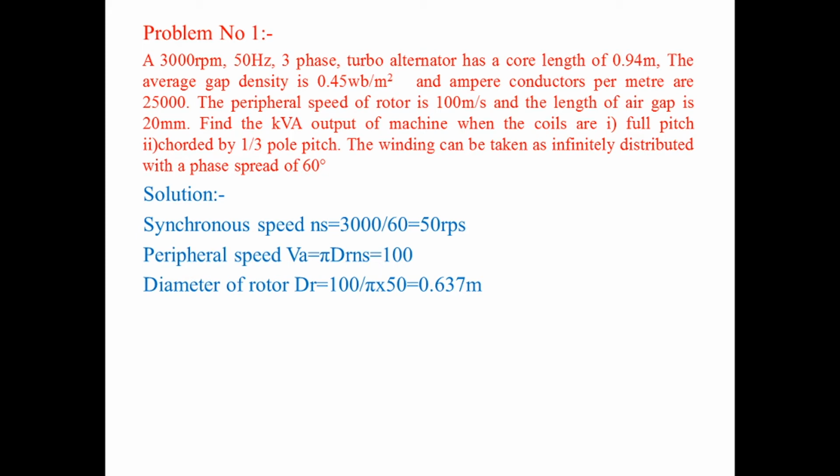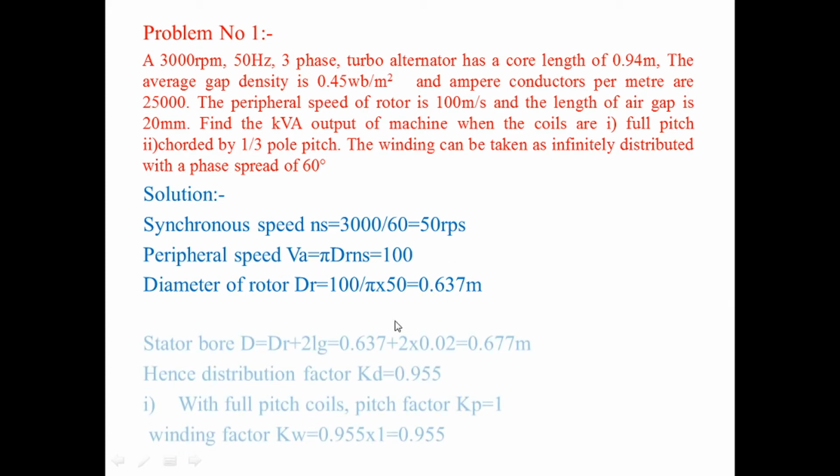So we need to write it in terms of dr. Va is equal to pi into dr into ns, which is equal to 100. So the diameter of the rotor is 100 divided by pi into ns, which is 50. So you will be getting dr as 0.637 meter.